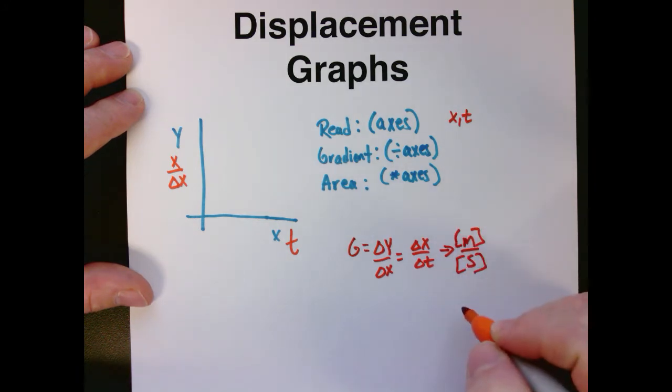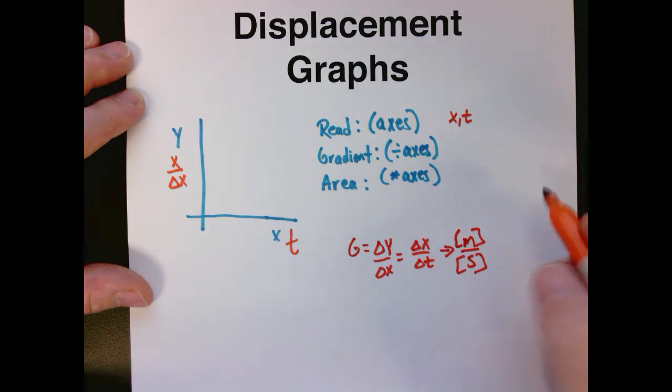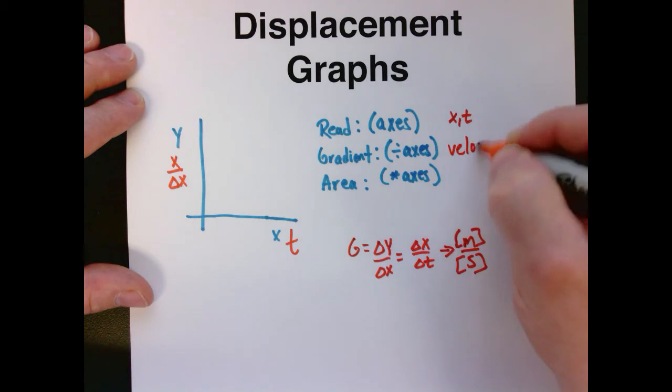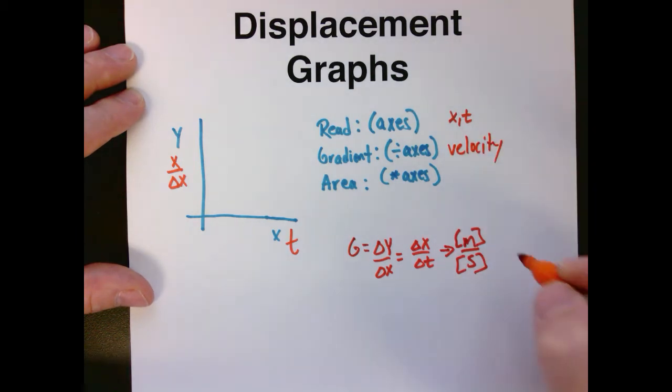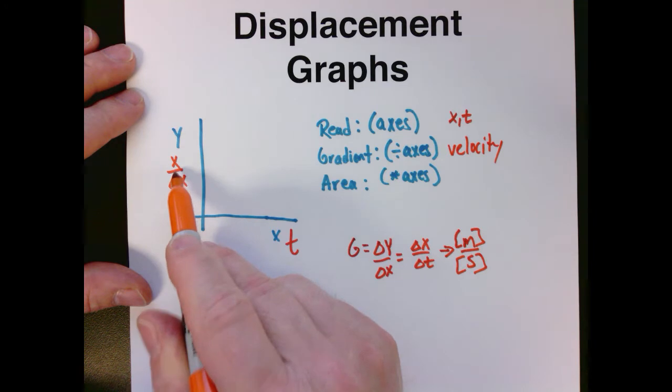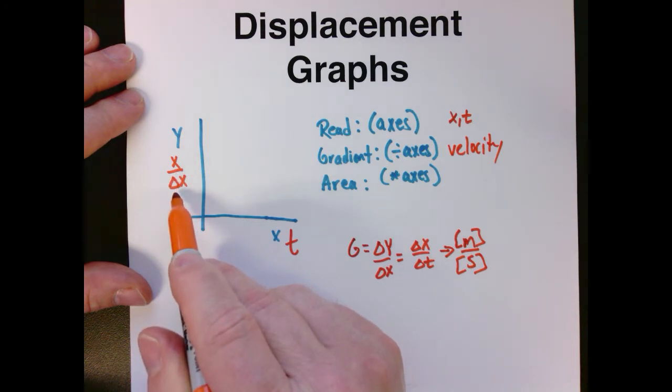So we end up with meters per second. So the gradient in this case is the velocity. The gradient is the velocity, meters per second. And that is true of both the position time graph and the displacement time graph.